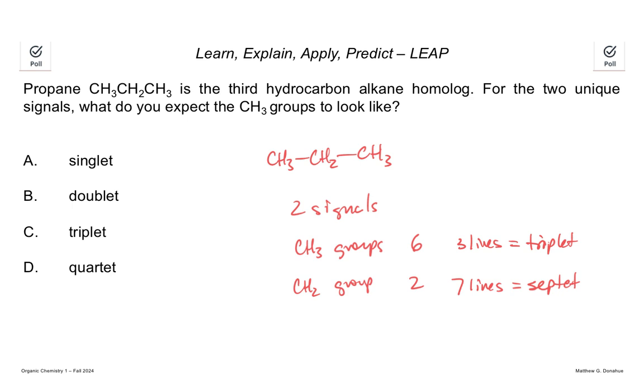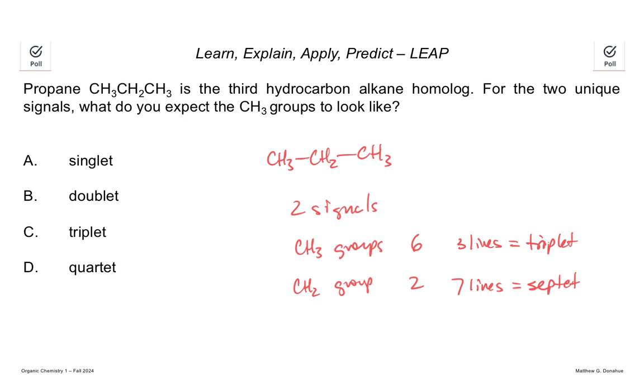That's kind of rare, because when you start counting these neighbors, it's pretty rare that you get past 4 or 5. So this is a pretty simple molecule. You have 6 neighbors, so that's going to be a septet.